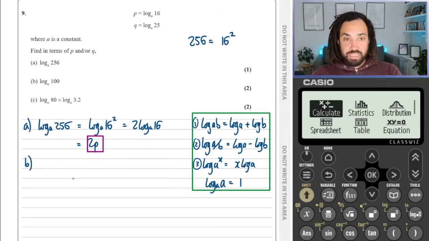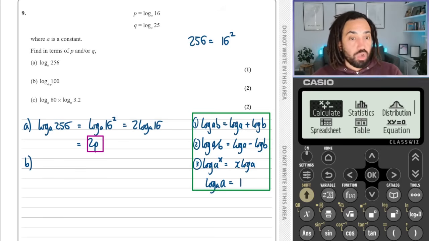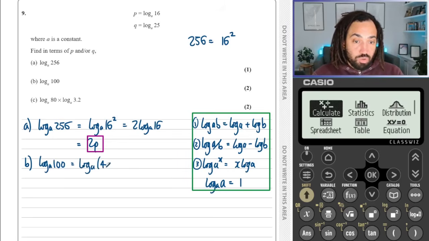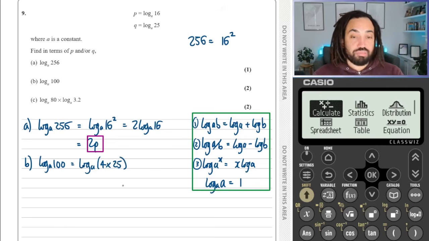Right, B, log A of 100. Okay, well, we need to split up 100 into its factors. It has a factor of 25, which is really helpful. So we're going to say log A of 100 is equal to log A of 4 times 25.